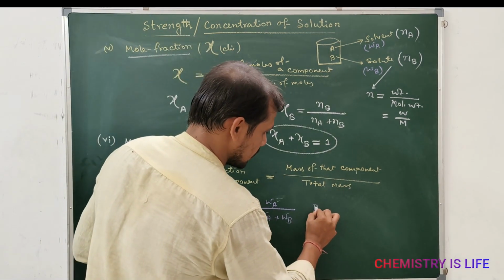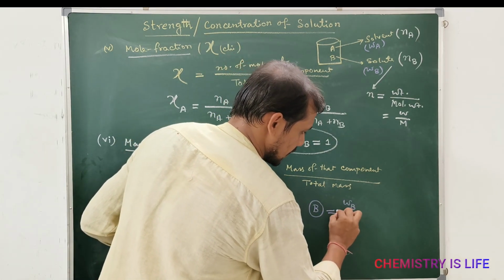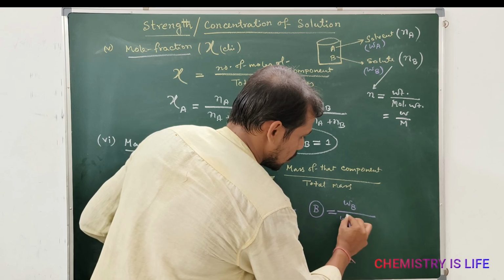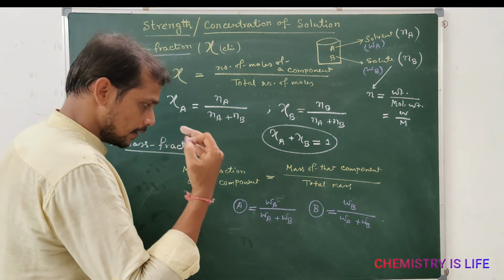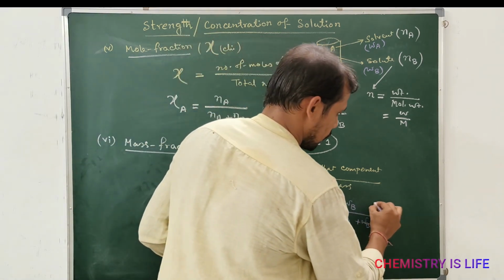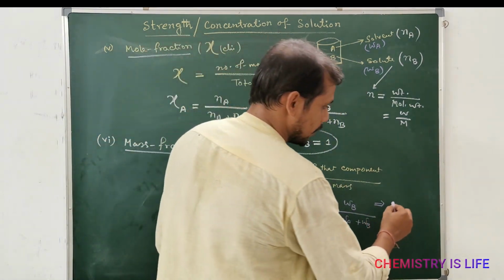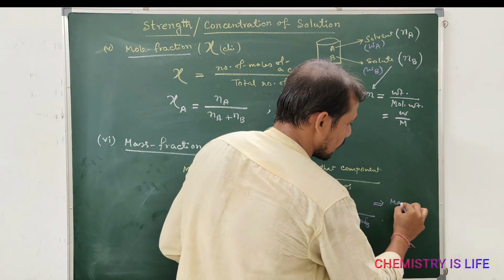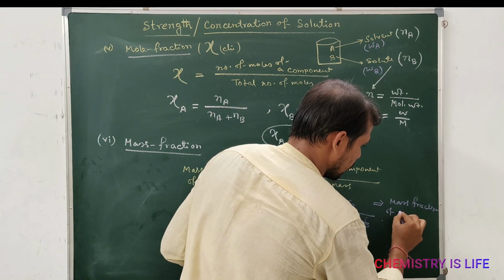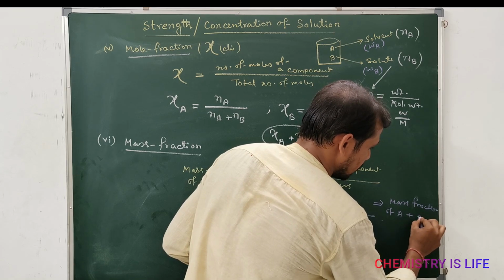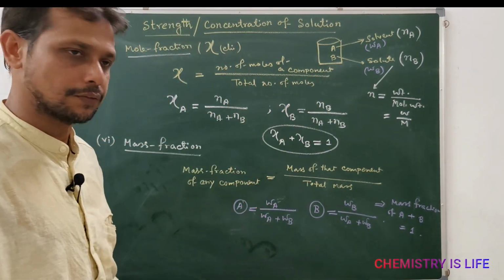And for B, the mass fraction is the mass of B, that is Wb, divided by the total mass, Wa plus Wb. Got it? Also, the mass fractions of A and B will sum to 1, just like mole fraction.